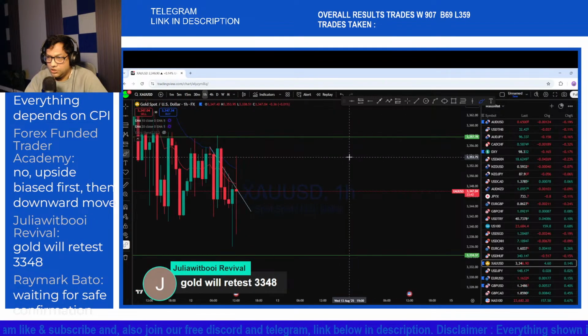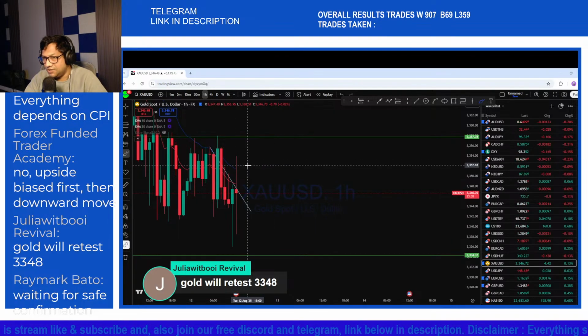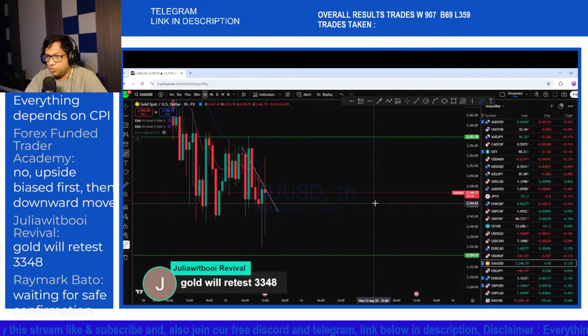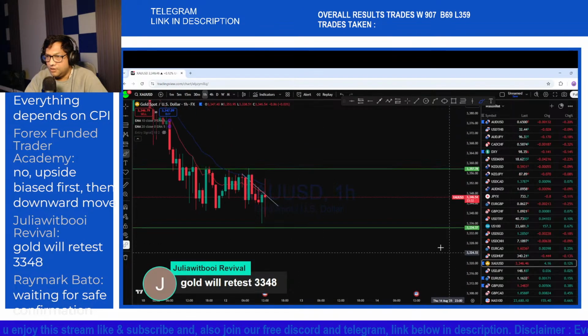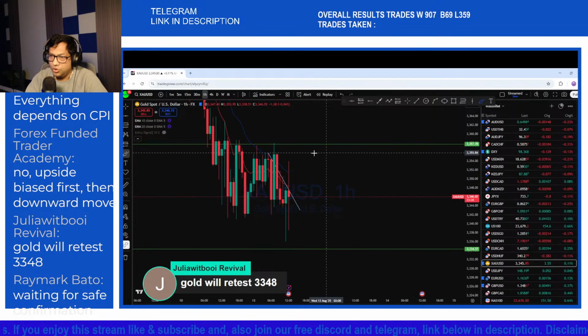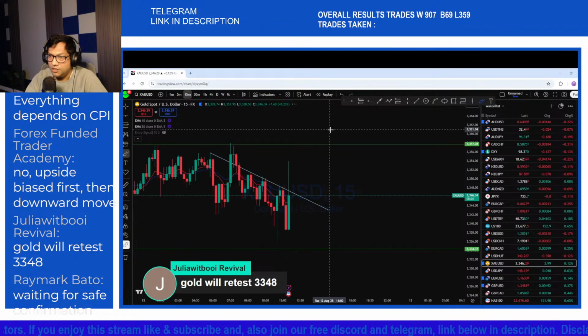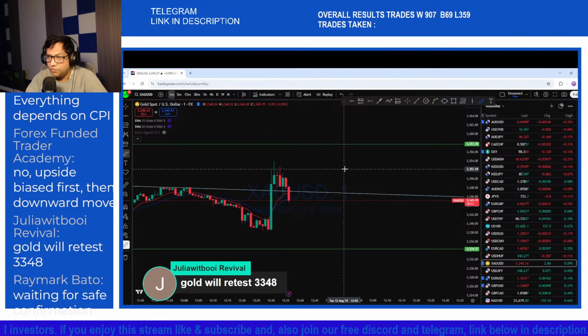But I think there is a possibility now. This is the 1 hour price action where there is a doji. The price has tested the 20 EMA in this 1 hour, and the market structure is still maintaining that bearish structure, which we could see potentially continue to remain bearish.